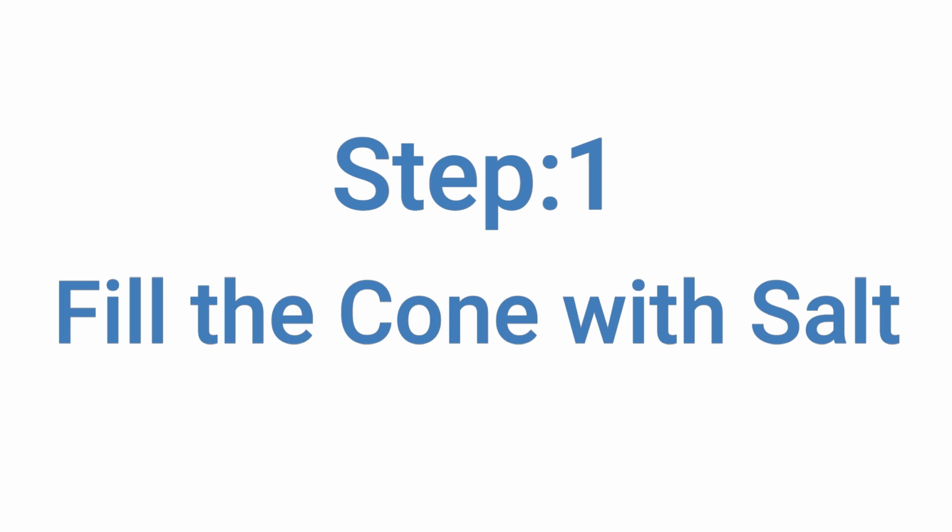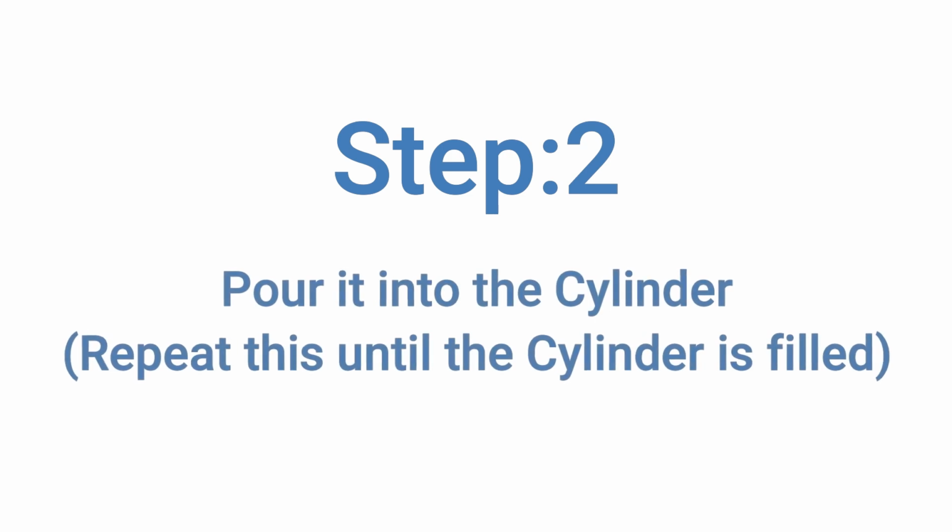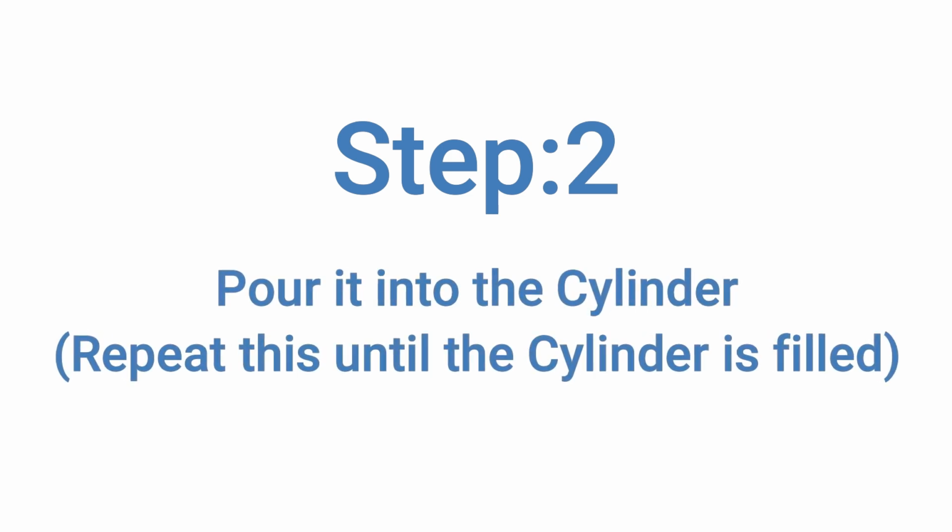So in this exercise we can provide the students with salt. We'll ask them to fill the cone with salt and then pour it into the cylinder, and repeat this until the cylinder is completely filled.